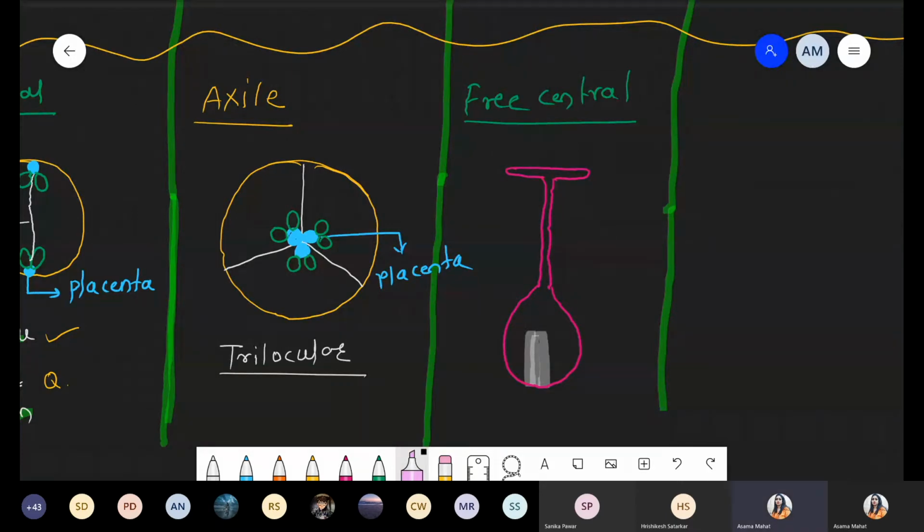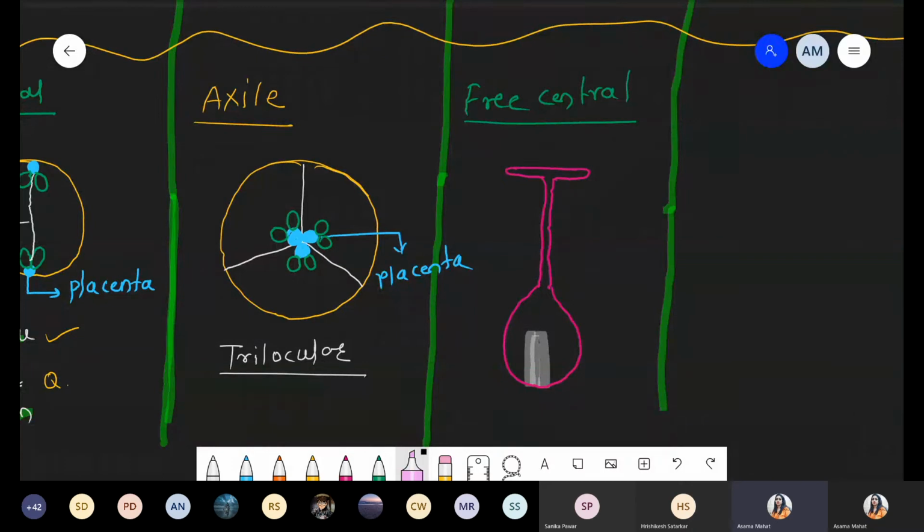Now inside this structure there is an entire structure that represents the placenta. There is no specific condition. In marginal, the placenta is located on the margin. In parietal, it is present toward the opposite pole.